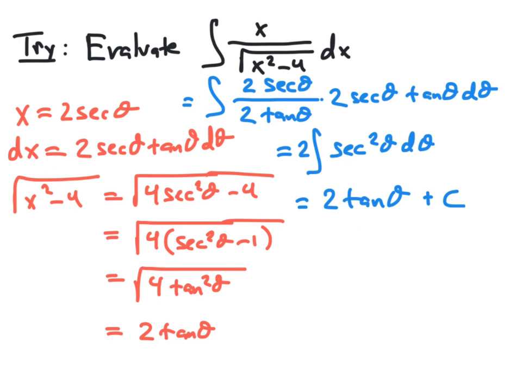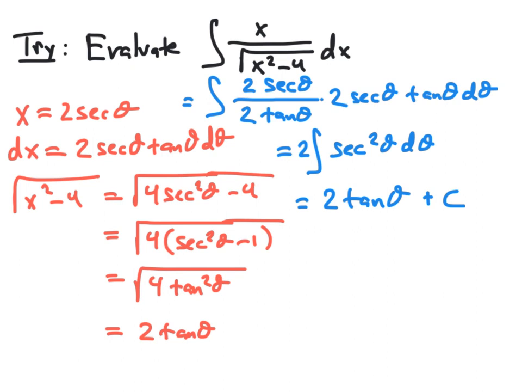Since the integrand contains the expression square root x squared minus 4, we're going to make the substitution x equals 2 secant theta. And from that, we see that dx will be the derivative of that expression, which is 2 secant theta tangent theta d theta. And the square root of x squared minus 4 simplifies to 2 times the tangent of theta by substituting in 2 secant theta for x and squaring that expression, factoring out a 4, replacing secant squared minus 1 with tangent squared, and then computing the square root of the perfect square.